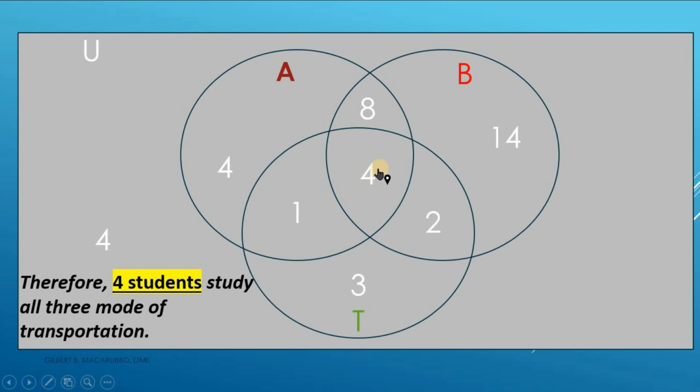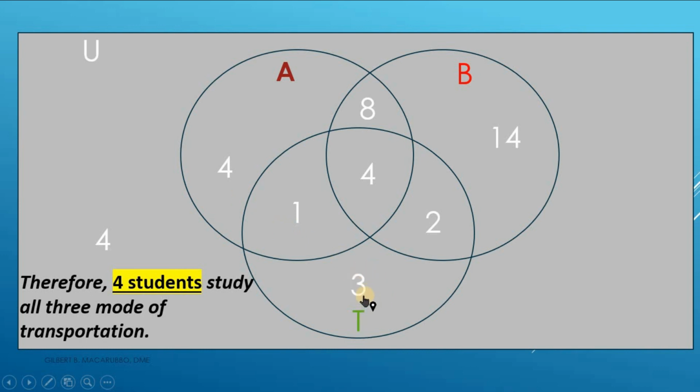So the intersection of airplane and boat is 12. So para makuha natin yung 8, 12 minus 4 is 8. Okay, then after that, since we have airplane only is 4, so given na yon, 4. Then we have train 3 only.